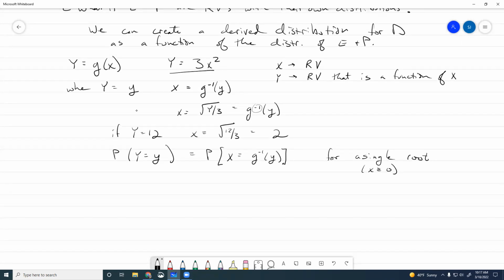And the way we could write this out, we could say is the probability density function of y as a function of y is equal to the probability function x, in which we plug in this inverse function. So x is equal to that, and we're just plugging it into the PDF. So this is a PDF for x, and then we generate a PDF for y. So what we're going to do then is kind of go through the steps that will ultimately get us to what this equation is for any type of distribution and any type of equation, assuming we can get an actual solution for it.